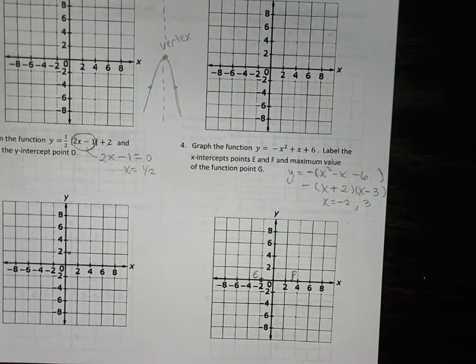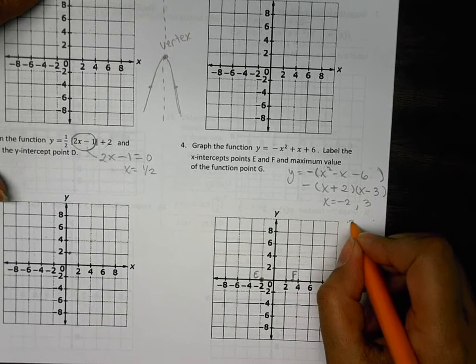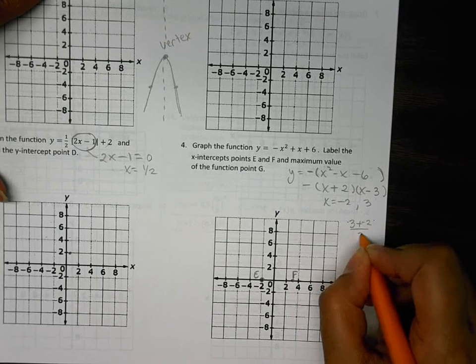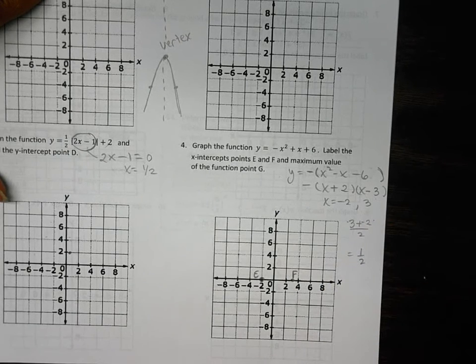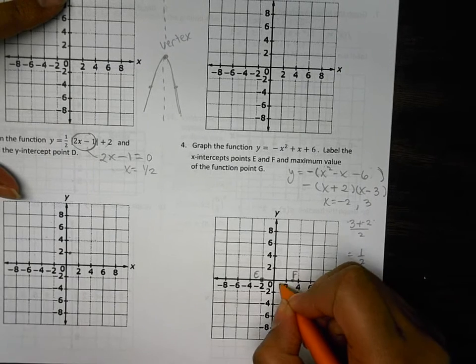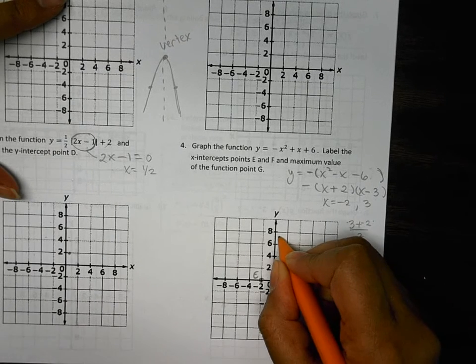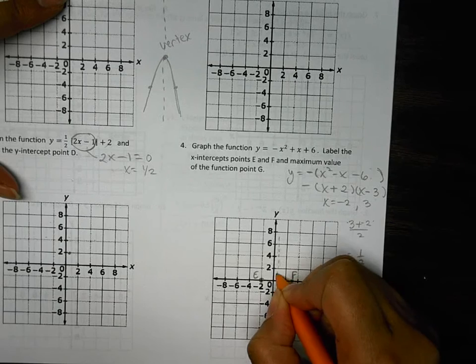What's 3 plus -2? Cut in half? So 0.5. Your axis of symmetry is 0.5. Again, not the best number line to use.